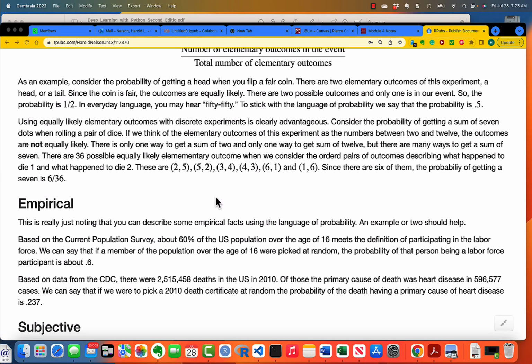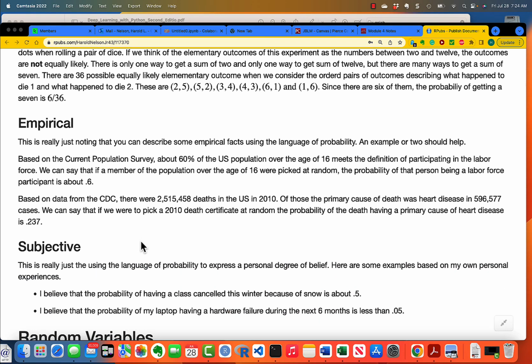We also use the term probability to describe empirical situations, and here's a couple examples of the use of the term probability to describe empirical things. We also use the term probability to describe your subjective estimation of something.